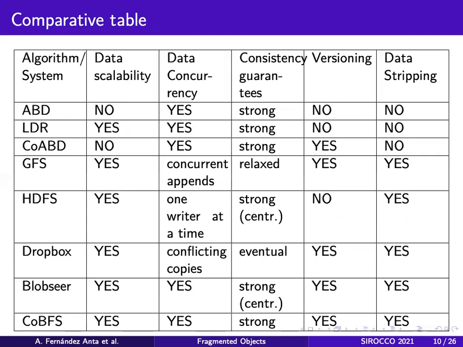Distributed storage systems use data striping in order to handle the big objects. However, these strategies provide weaker consistency guarantees. For example, Dropbox creates conflicting copies and guarantees eventual consistency, which is weaker than linearizability.